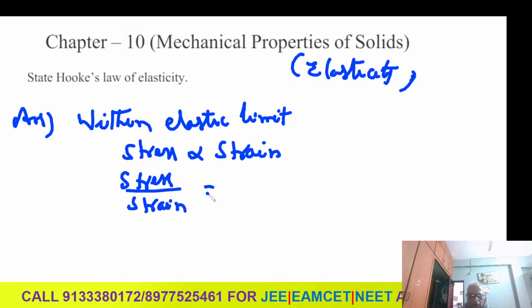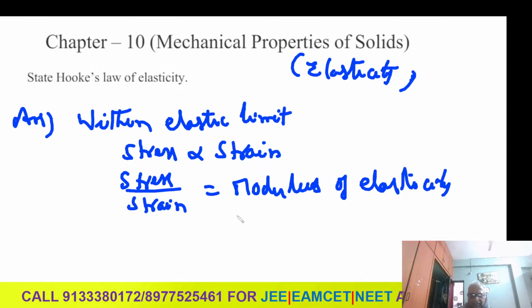Stress by strain is called the modulus of elasticity. This ratio is constant. Let us say you give it a name, E. E is constant for a given material.